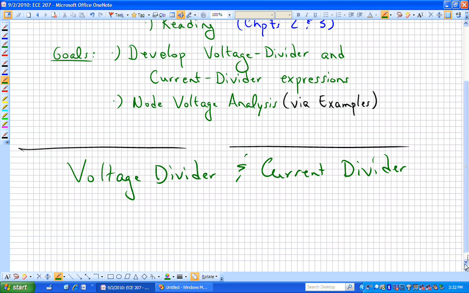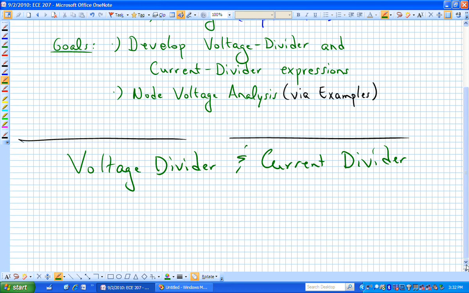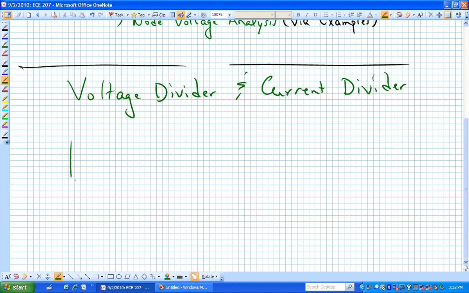Voltage divider and current divider. Let's talk about the voltage divider first, which was the circuit that we stopped with last time.